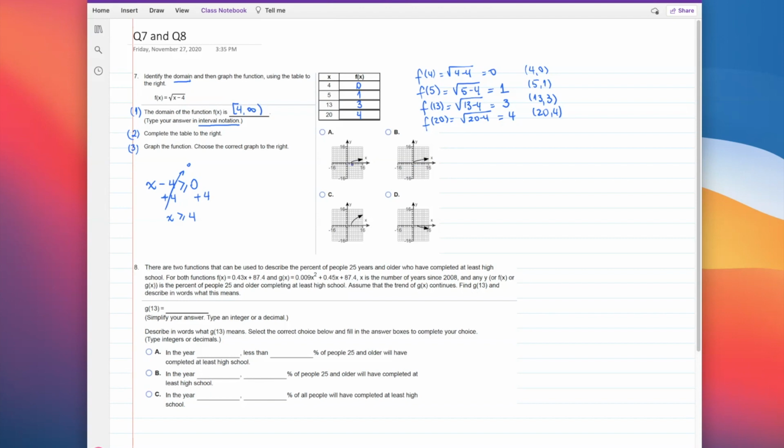It can be this one, that one or that one. That one will not be possible because I eliminated this immediately, because it gives a shape that has negative y's, and all my y's are positive. So this is eliminated. I don't use this one. And I cannot consider this one because here there is no 4, it doesn't start at x 4 and y 0. It has to start at this point here, like that one and that one.